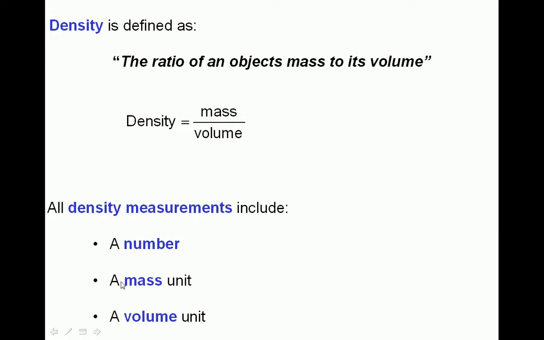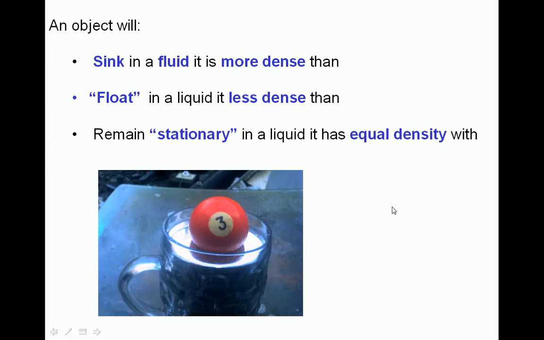It must have a mass unit, and it must have a volume unit. This could be kilograms, grams, or pounds. This volume unit could be millimeters, milliliters, liters, or gallons. But we need all three of these components for a properly specified density measurement.